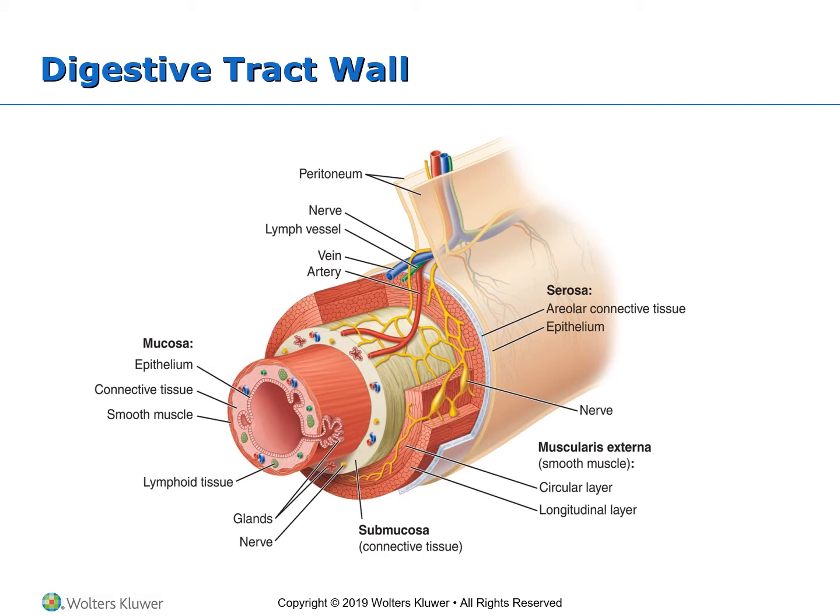And please take a look at this image and start following with me from the inside layer. I will start with the innermost layer that is called the mucosa and is lining the tube's lumen. Lumen means the inside cavity of the digestive tract. And for what that matters, lumen is the inside part of any kind of tubular structure.